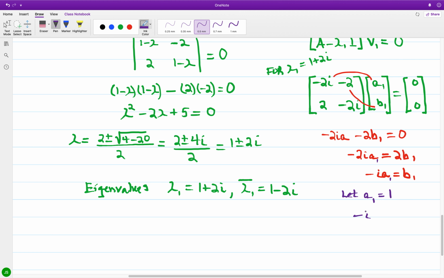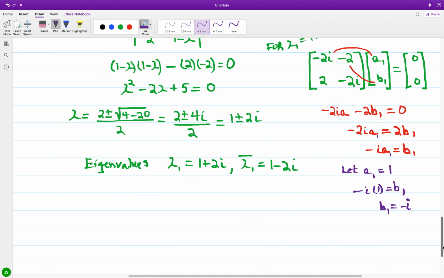So we have negative i times 1 is equal to b1, so b1 is equal to negative i.